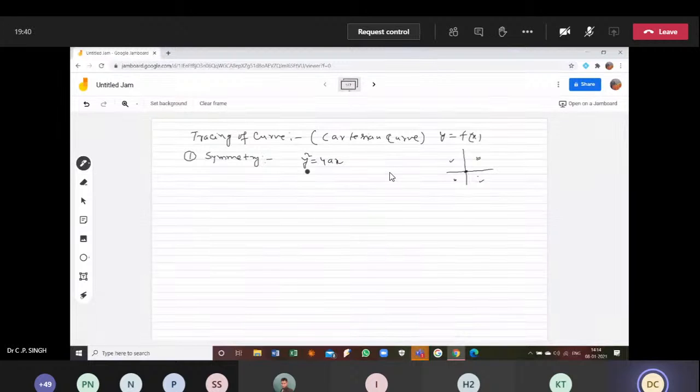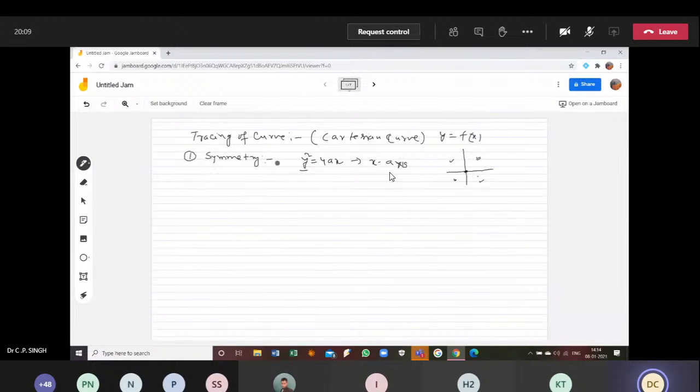Here the power of y is even, that is y². Therefore, this total curve is symmetrical about the x-axis. This is symmetry about the x-axis.